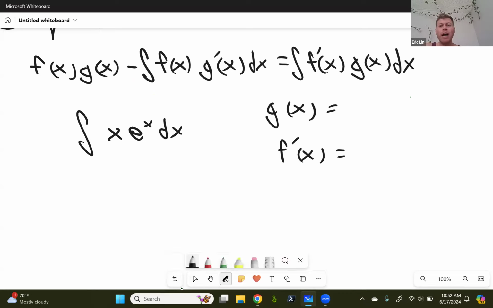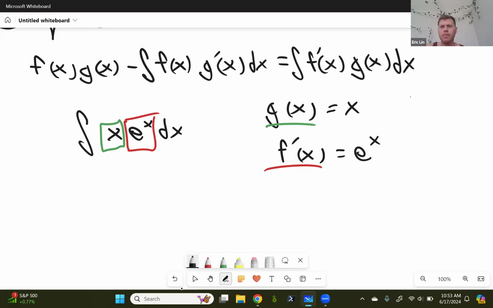A little piece of advice I would give is that g of x is going to be differentiated. So if you have something that will become simpler when differentiated, and then the other thing doesn't become that much more complex when integrated, that's a good way to go. So for example, I want to call g of x just the piece x. So I'm saying this is my g of x, and therefore e to the x would be my f prime.